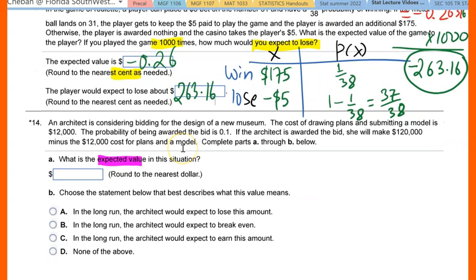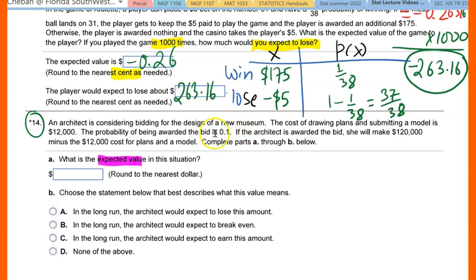Okay, last question of this section, question 14. An architect is considering bidding for a design for a new museum. The cost of drawing plans for submitting the model is $12,000. Remember that this is the cost to submit the model. The probability of being awarded is just 0.1, like a 10% chance.